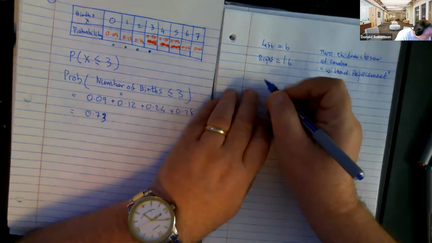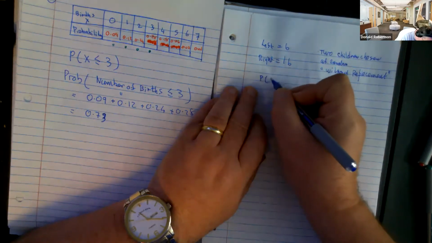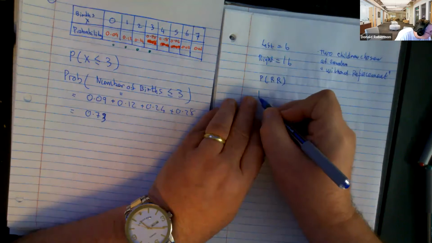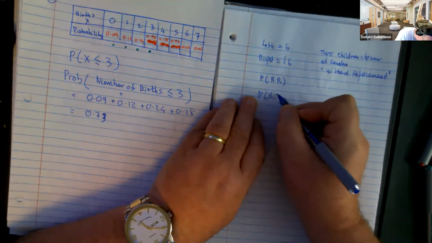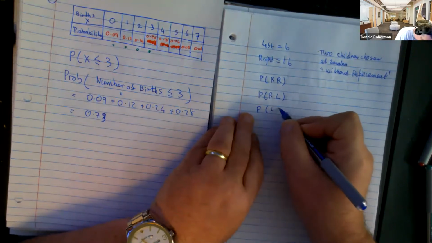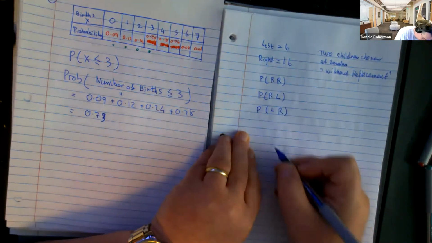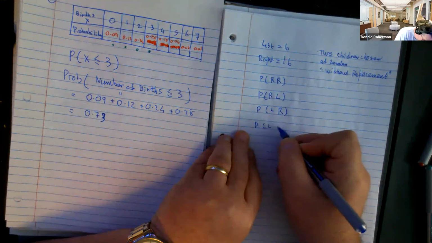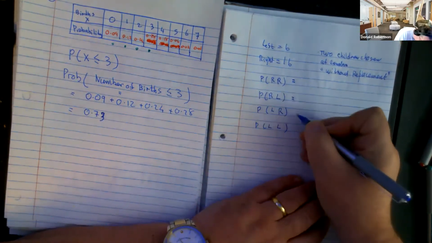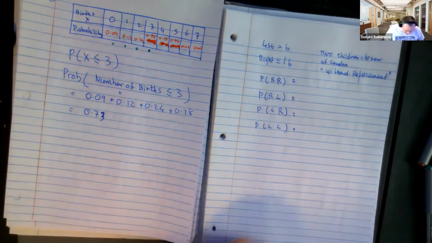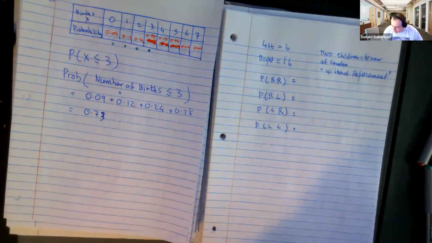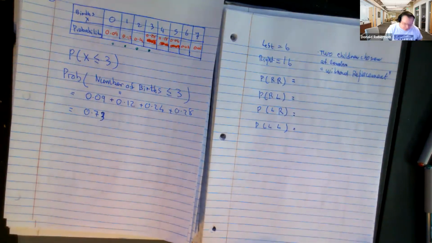And we're being asked to find these events: that the first child and the second child were both right-handed, that the first child was right-handed and the second was left, that the first one was left and then the second child that you chose was right-handed, and lastly, that the first and the second child were both left-handed. Remember that story with the bag of beads and some were red and some were green? This is essentially the same kind of story.